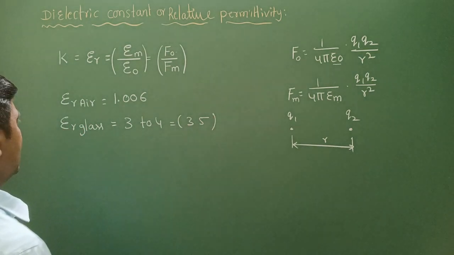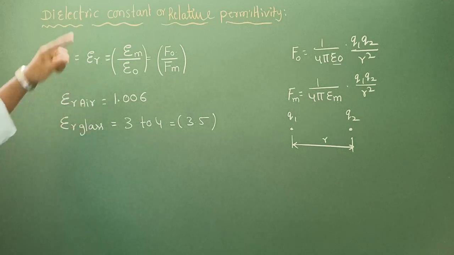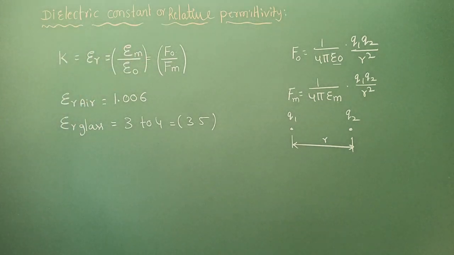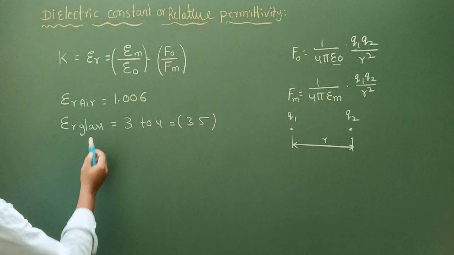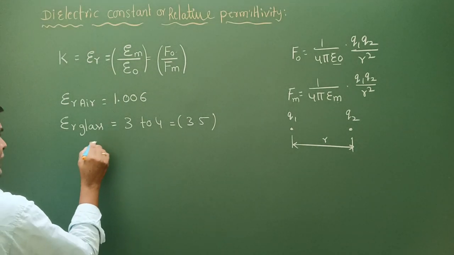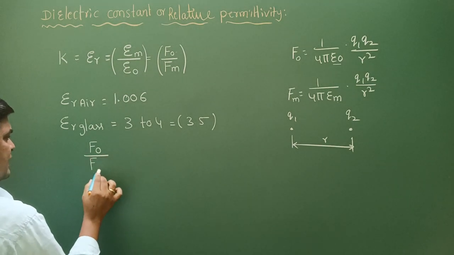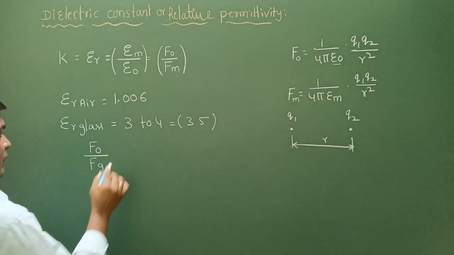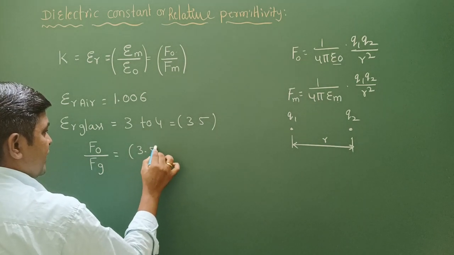The ratio of the force in vacuum to the force in glass, where glass is the medium, is 3.5.